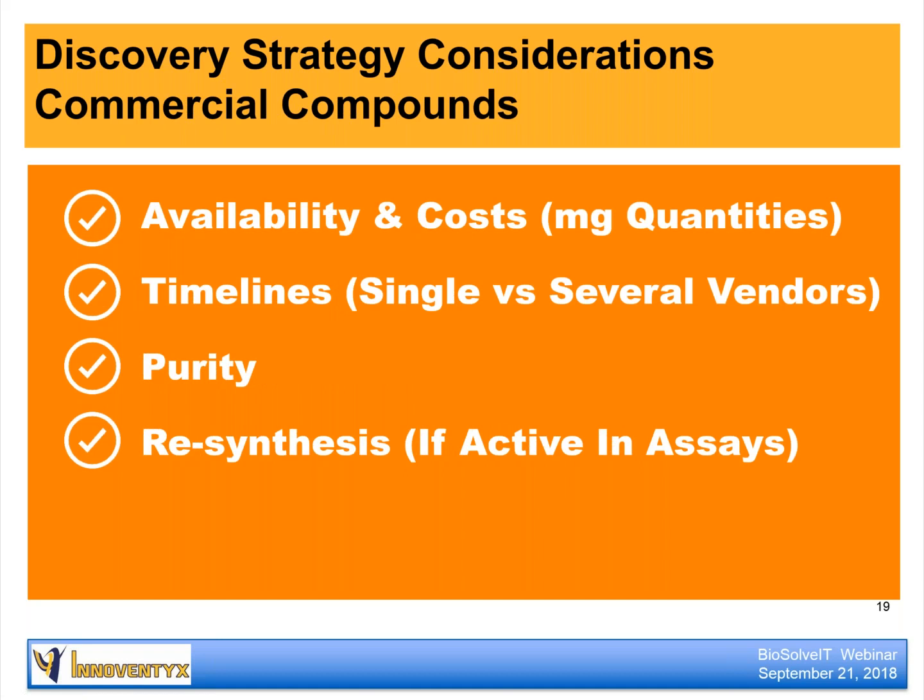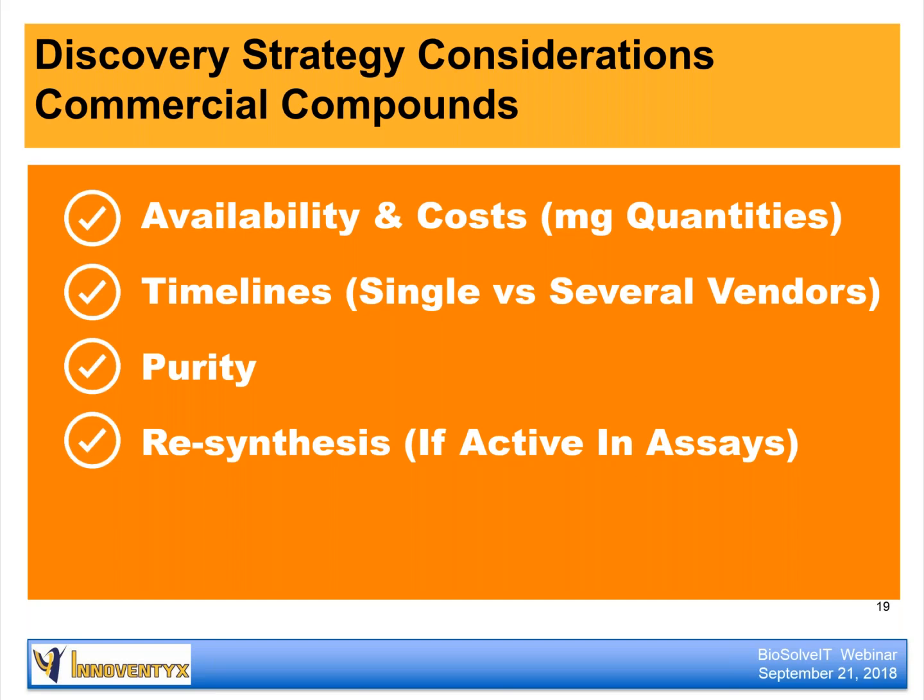When it comes to commercial compounds, then we're looking into, okay, are they going to be available when we need to go and buy them? And again, how much is it going to cost us? Typically commercially available compounds for screening, they sell them in milligrams. So what's the price per milligram in this case for 5 or 10 milligrams?